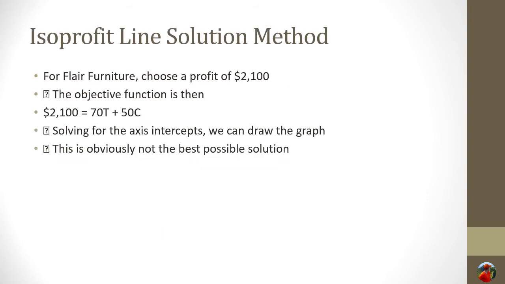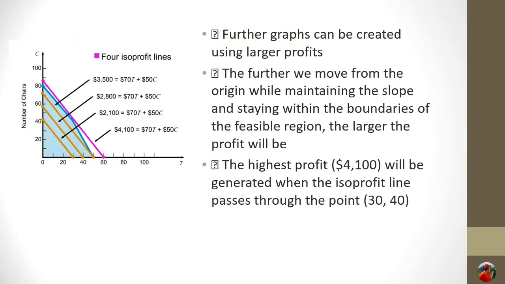For Flare Furniture, choose a profit of $2,100. The objective function is then 2,100 equals 70t plus 50c. Solving for the axis-intercepts, we can draw the graph. This is obviously not the best possible solution. Further graphs can be created using larger profits.